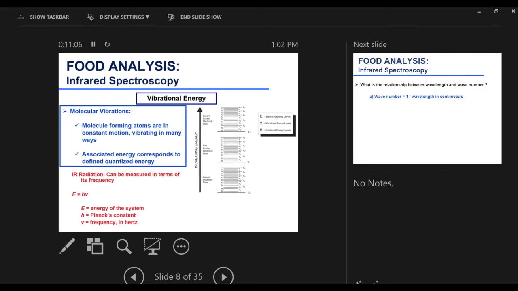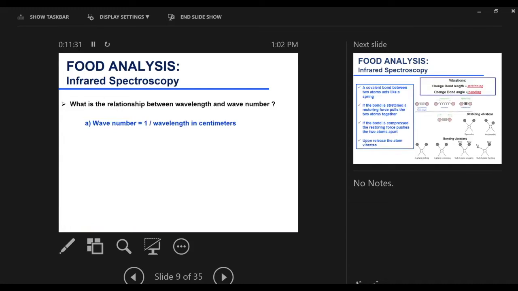So again, the same principle: IR radiation, same as UV and visible radiation, you also look at frequency, and frequency is associated with the energy. The higher the frequency, the higher the energy, and h is Planck's constant. So it's the same with any other type of radiation. Oftentimes you see that the absorption or transmission spectrum in IR is not against wavelength, it's against wave number.